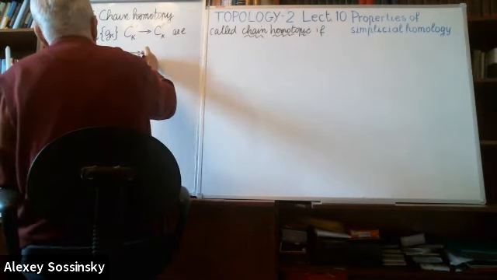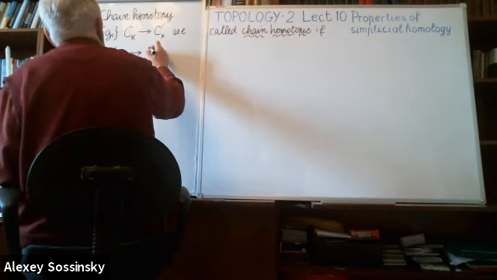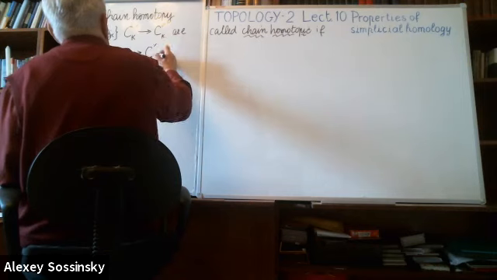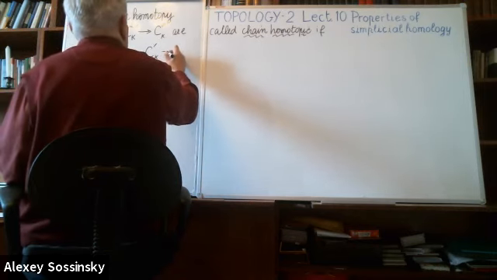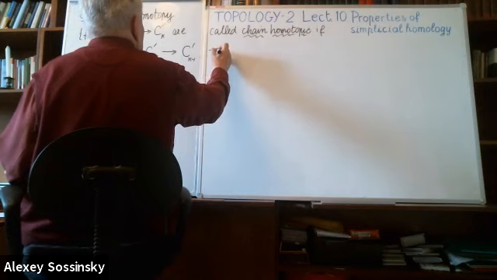Then we have C prime k. Then we have C prime k minus 1, and so on.